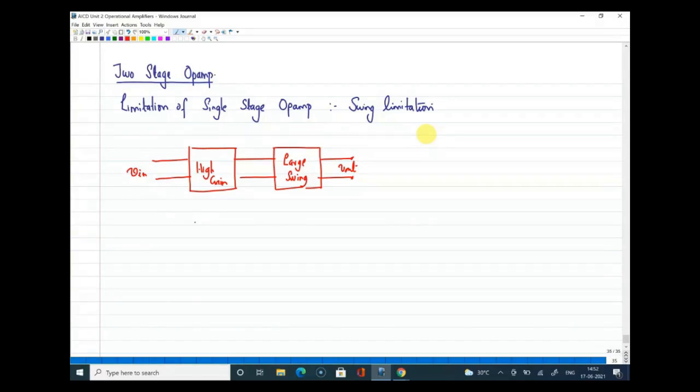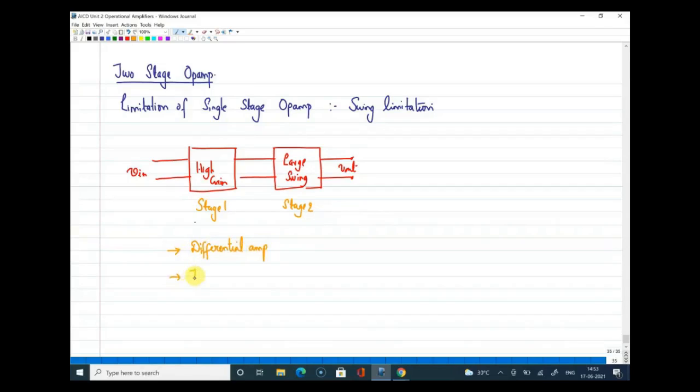Now we will see what choices we have for the implementation of both the high gain as well as the large swing stage. I can say that this is stage 1 and this is stage 2. What are the options we have for a high gain stage? We have three options. One is our regular differential amplifier.